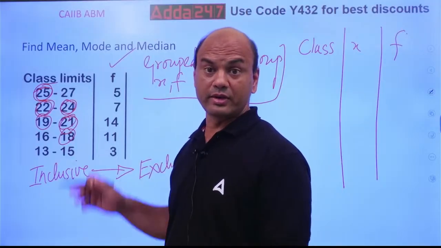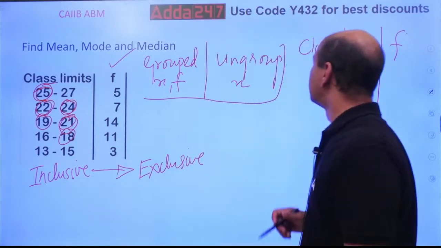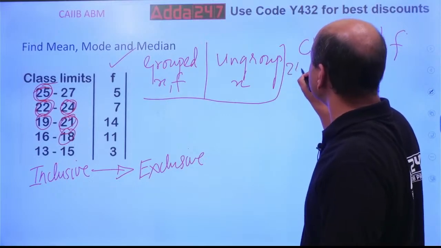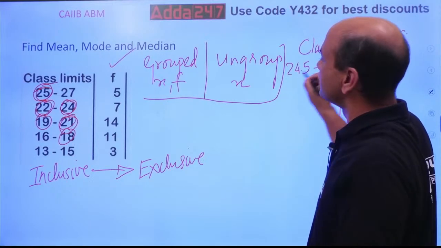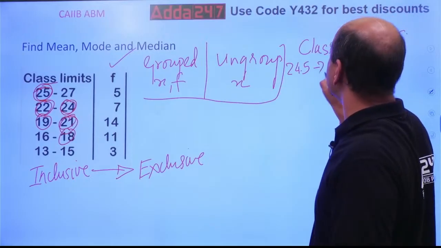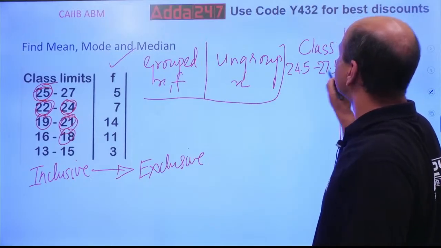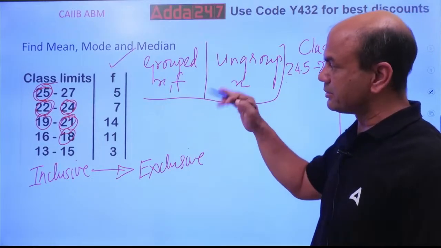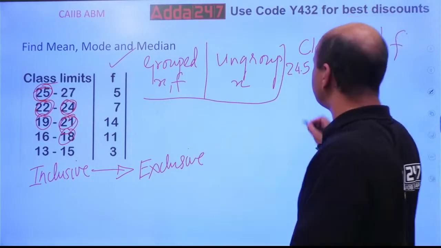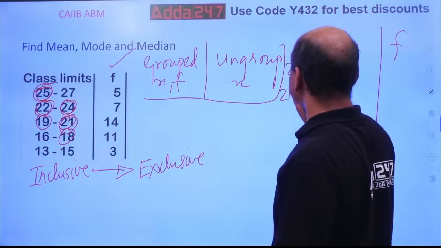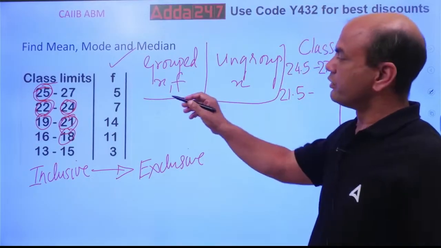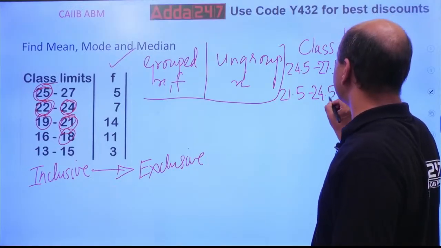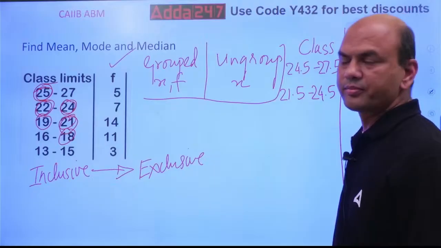Now I'll show you how to write this. This class, first class will be 24.5 to 27.5. See, 0.5 on left side, 0.5 on right side. Similarly, the below one. 22 will be 21.5. And 24 will be 24.5. Now look at it. The ends are matching. 24.5, 24.5.